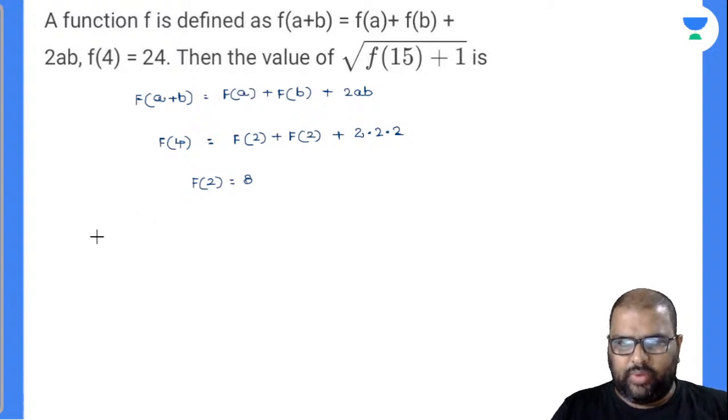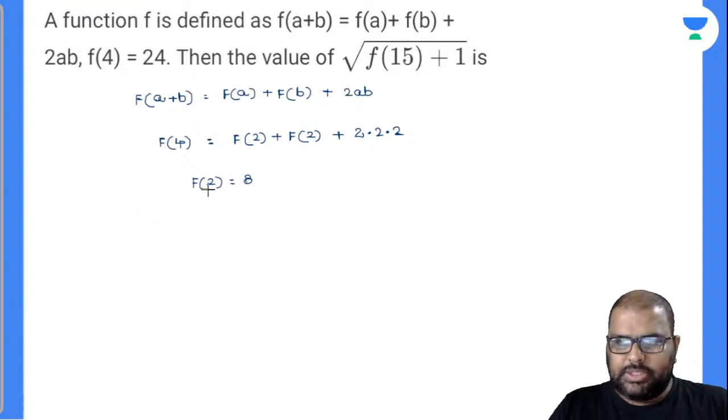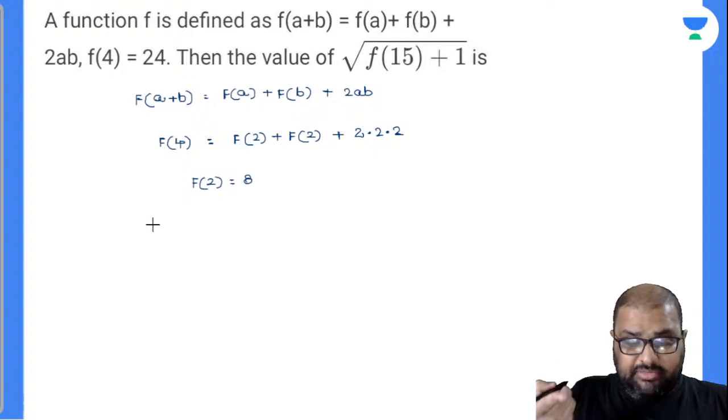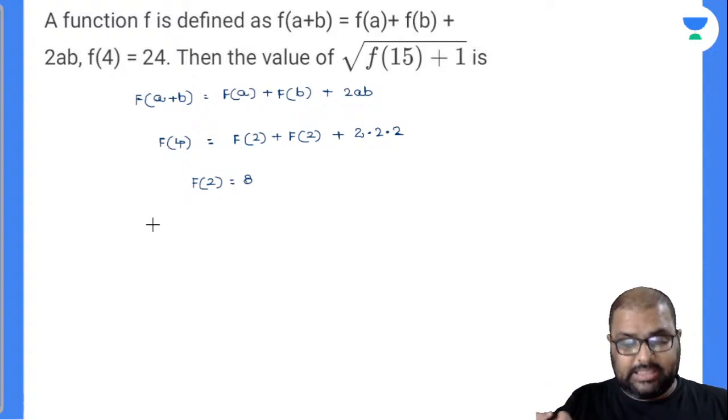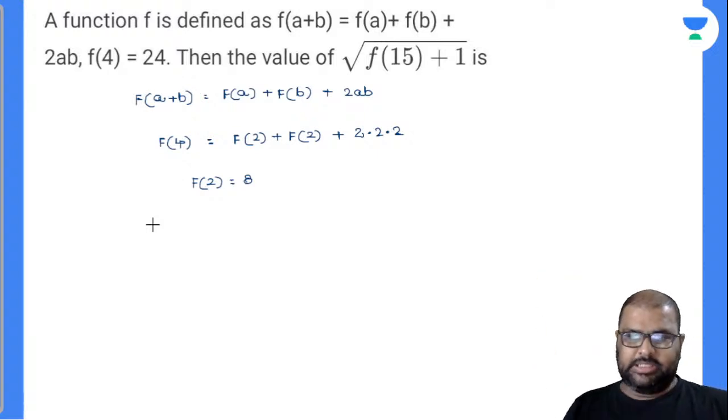Okay, let me do one more thing. I have no choice of making this into minus, because I don't know the minus relationship. You cannot frame it. You have to frame only the relationship given by the question.